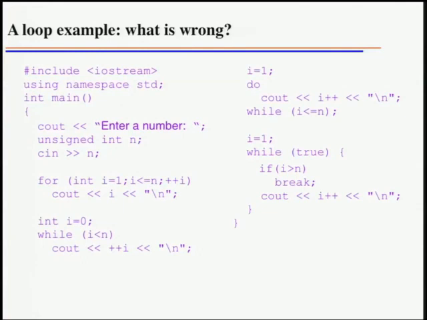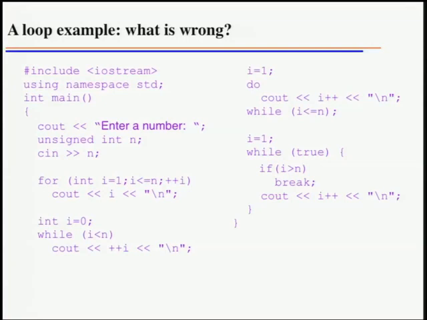You have a for loop, a while loop, and a do while loop, and an endless loop, which all should print the numbers from 1 to the input that the user entered. So you ask the user.